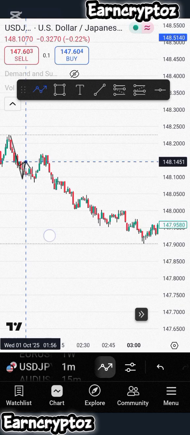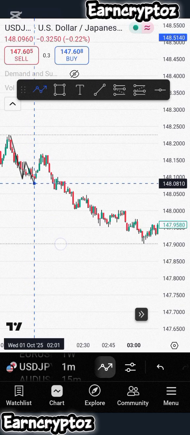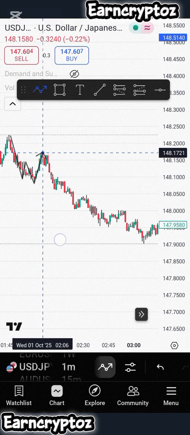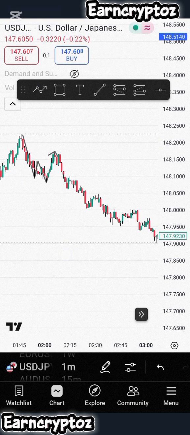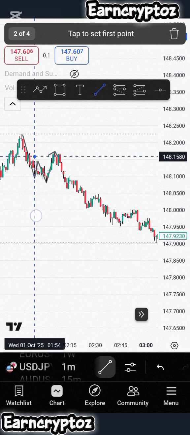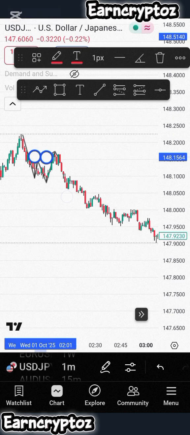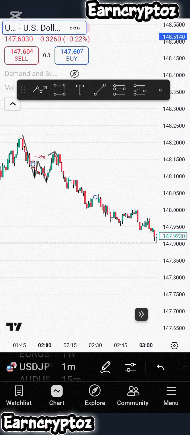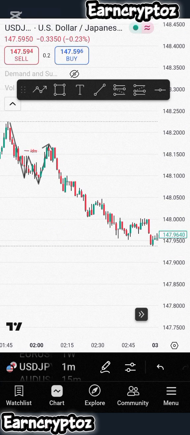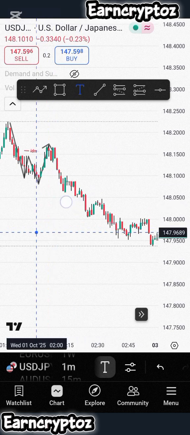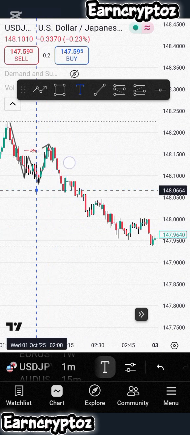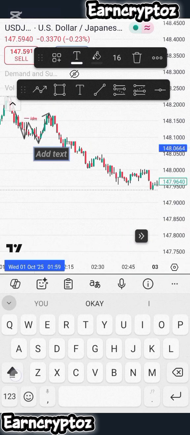We have a valid pullback here, then this. Now this is correction. Okay, so meaning we had the first impulse, and this is inducement, that's number 2. So impulse is number 1, inducement is number 2, correction is number 3. And after we see correction, the number 4 is lower low. So this is a downtrend, so number 4 is lower low.